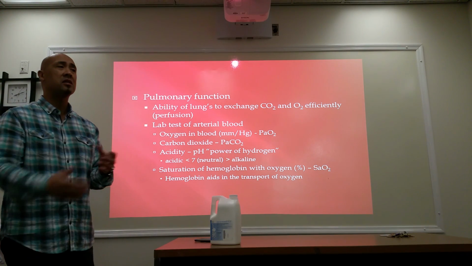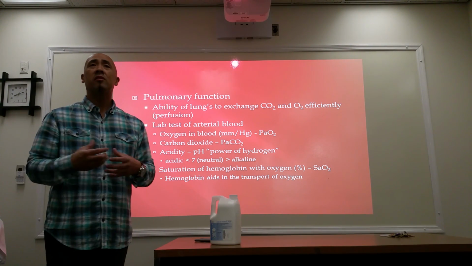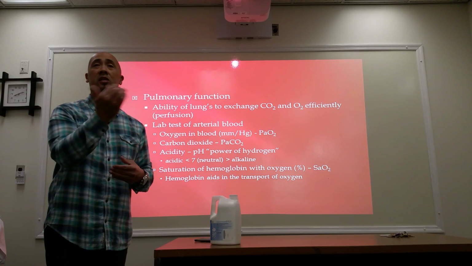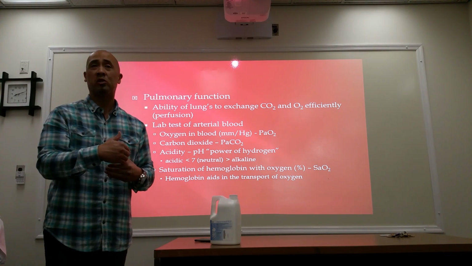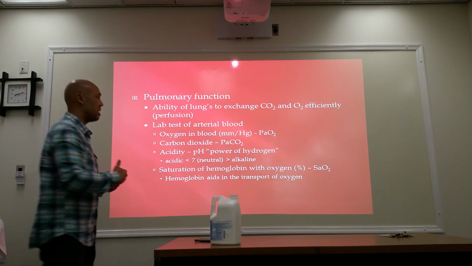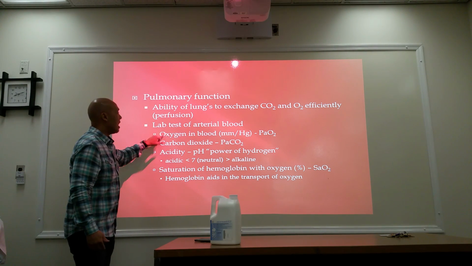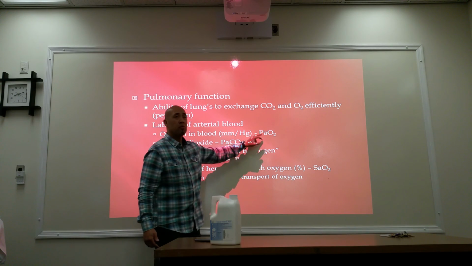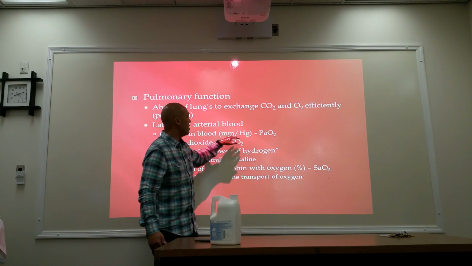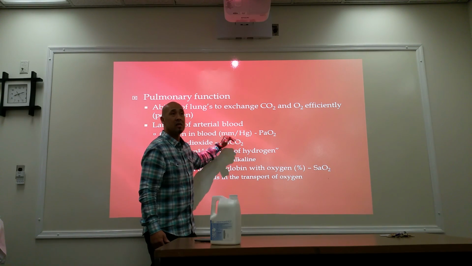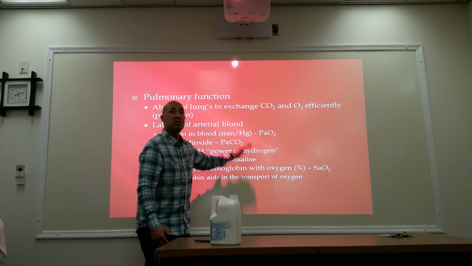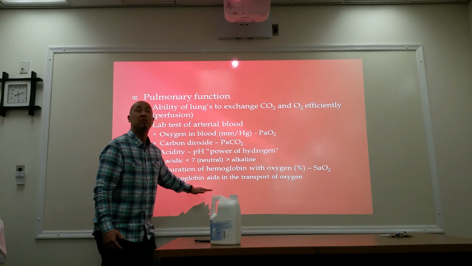Remember, hemoglobin is the part of the blood cells that carries oxygen as well as gas waste, like carbon dioxide. The difference is that PaO2 measures the amount of oxygen in units, whereas saturation measures it in percentages.